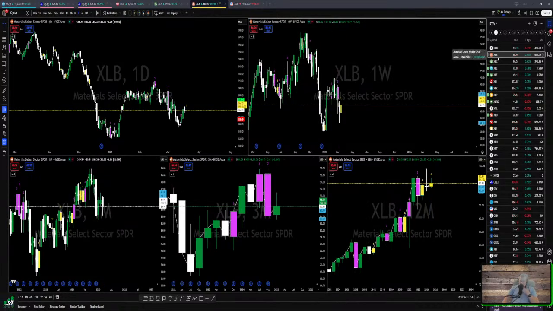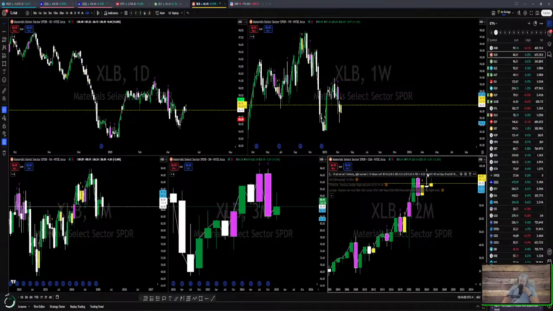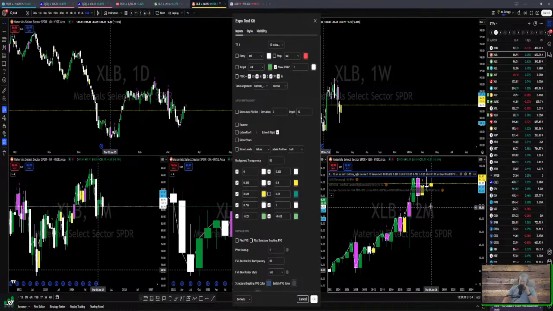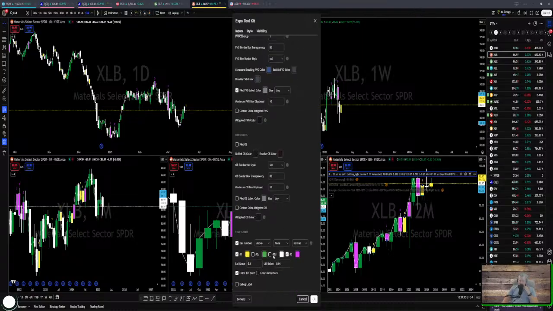Materials is looking not horrible, but not great. Man, okay. I need this from the community. If there is an indicator out there that just numbers your candles instead of colors and numbers them, I need to know, please. Because I want to see whether.